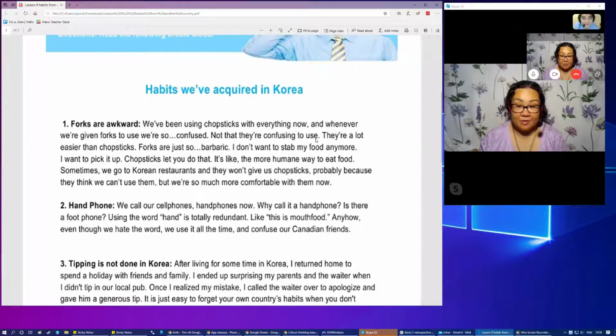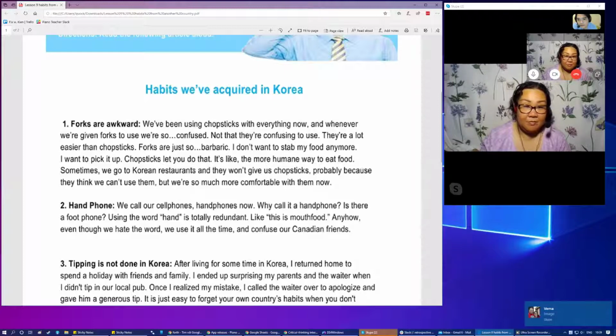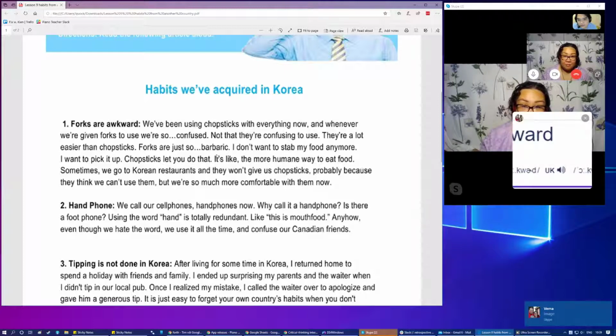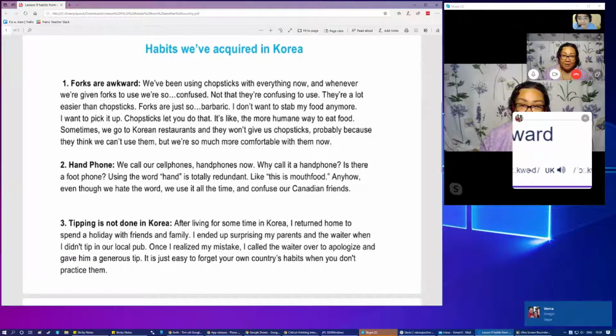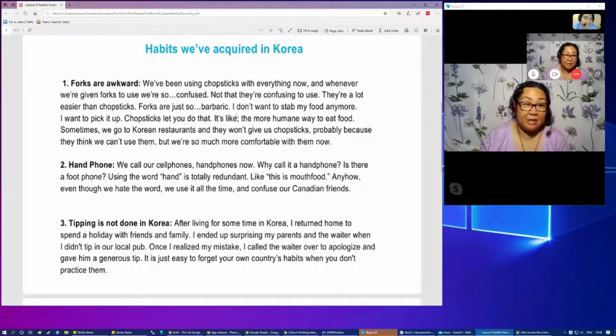They're a lot easier than chopsticks. Forks are just so barbaric. Yeah, barbaric. That means it's when you're barbaric, it's like you kill everything.